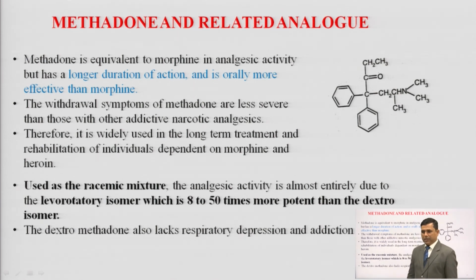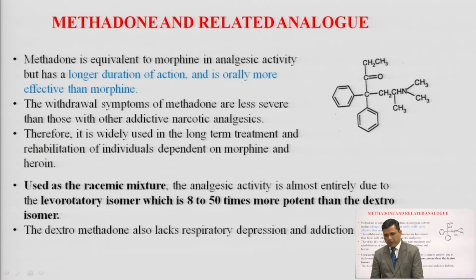Next category is methadone and its related analogs. We can use methadone, equivalent to morphine in analgesic activity, with a longer duration of action, and it is orally more active than morphine.